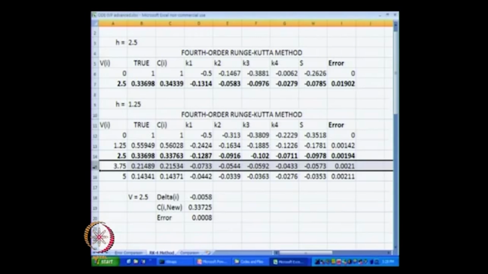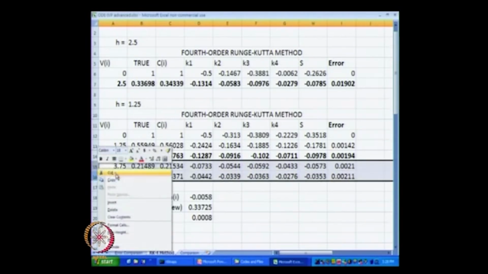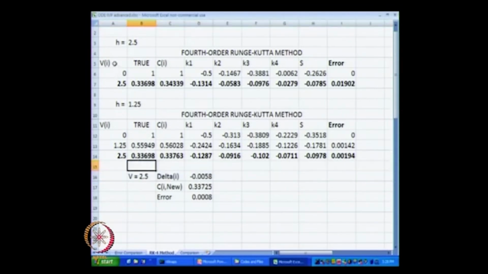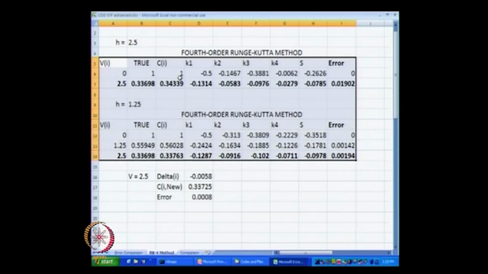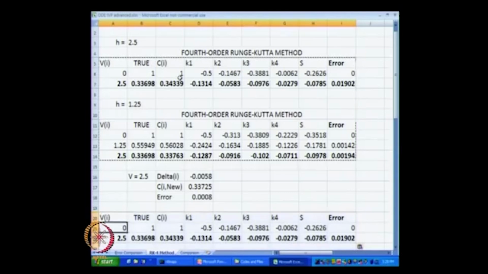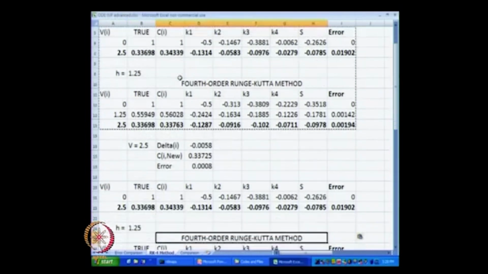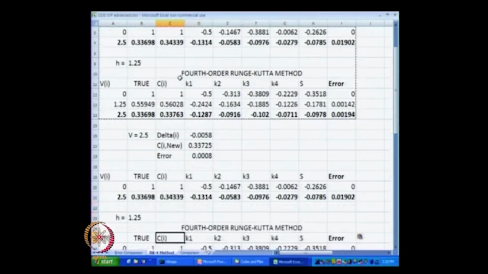I am deleting those values, really because those values are not going to be needed. Now, I am going to copy this and paste it below. Okay. And we are going to start with value of Vi, and again this is also not something we will need.